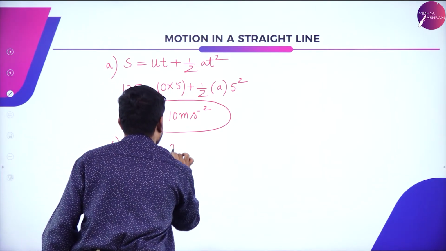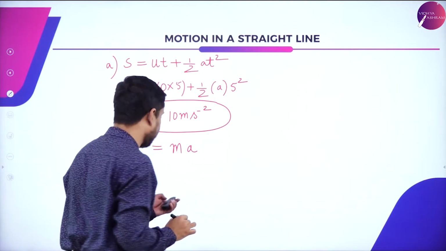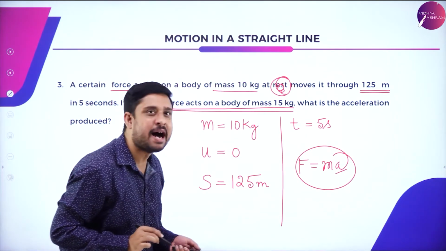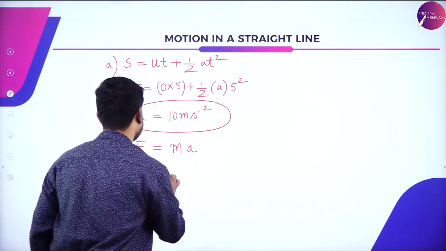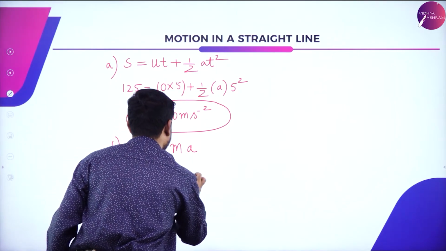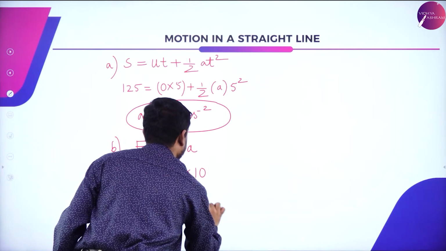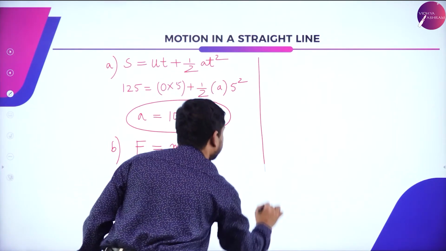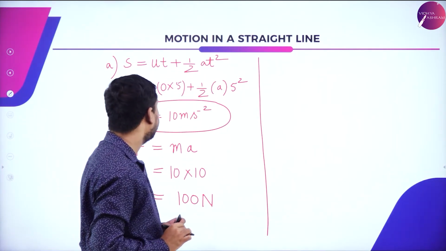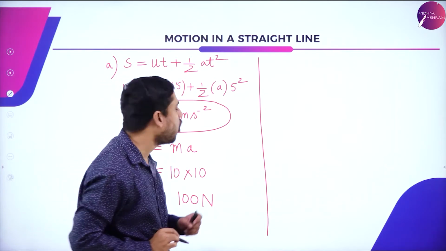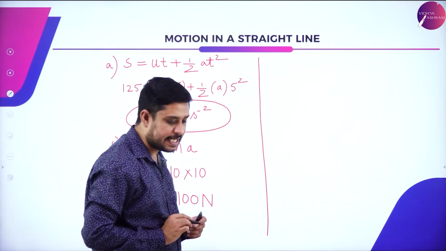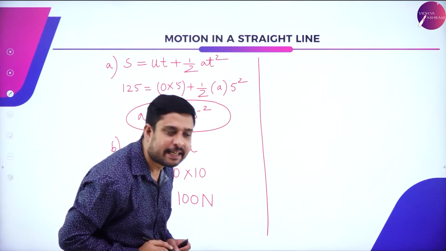Force is mass into acceleration. What was the mass? 10. So this is 10 into 10, which is 100 Newton.